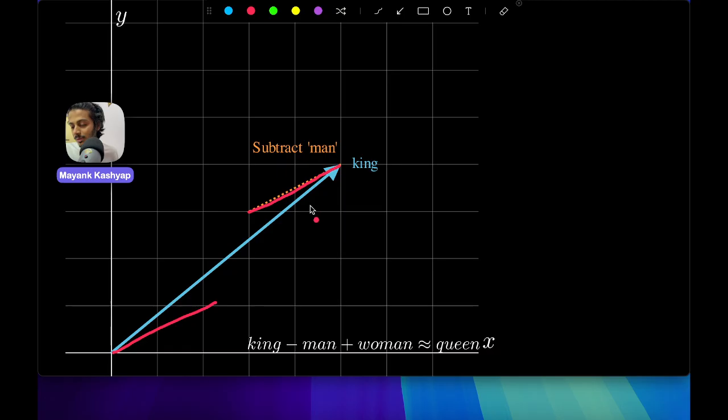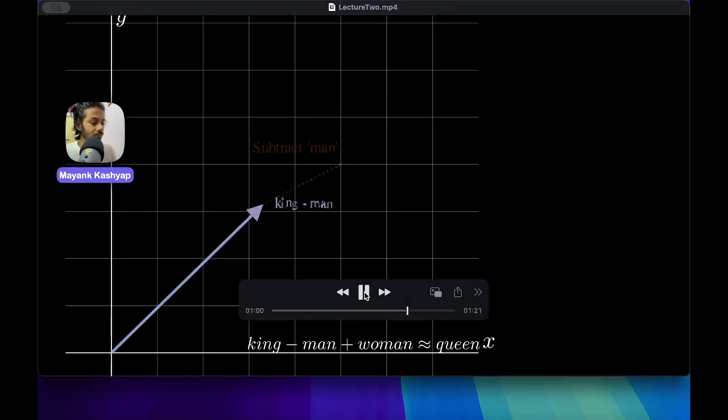Alright, and now if we subtract this, it will go in the negative direction somewhat here, and we can add these, and when we add this vector and this king, we'll get the king minus man vector. So let's see. So this is the king minus man vector.